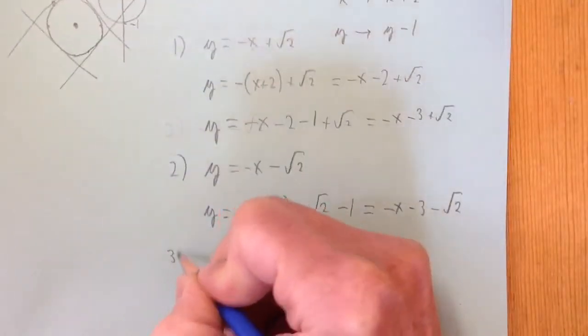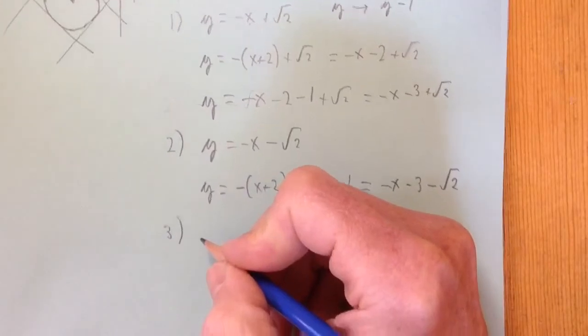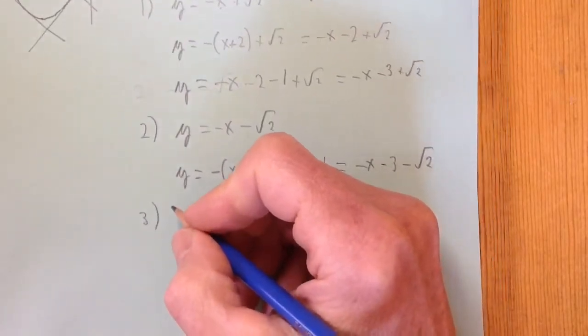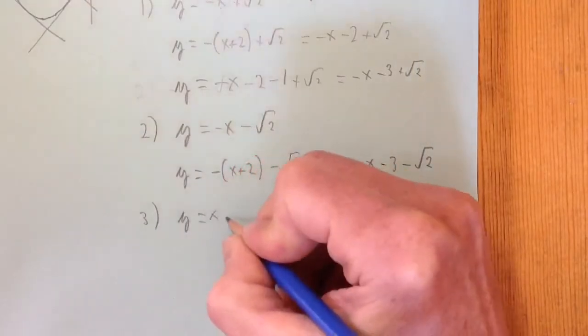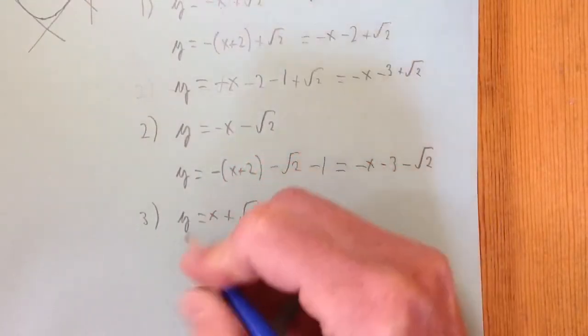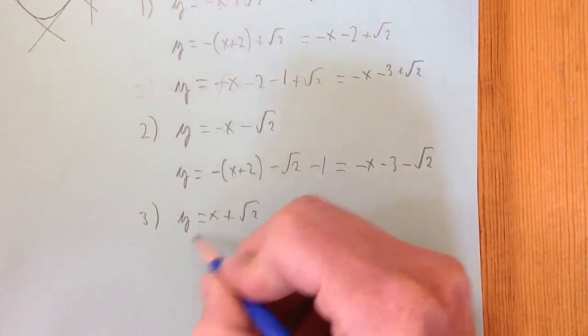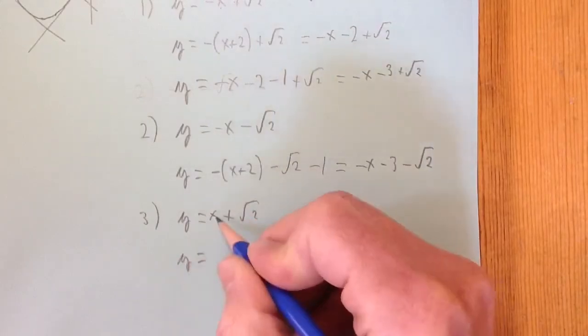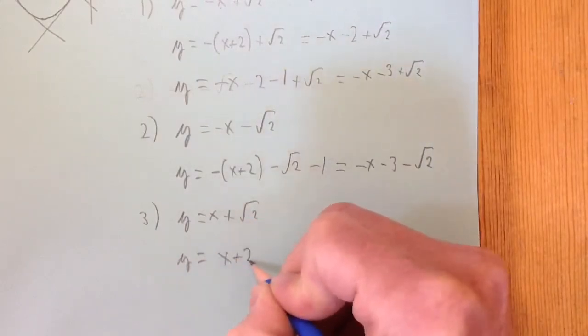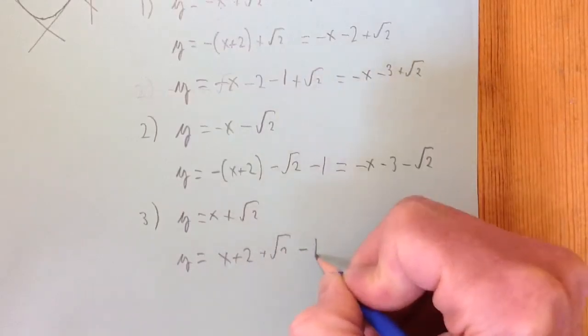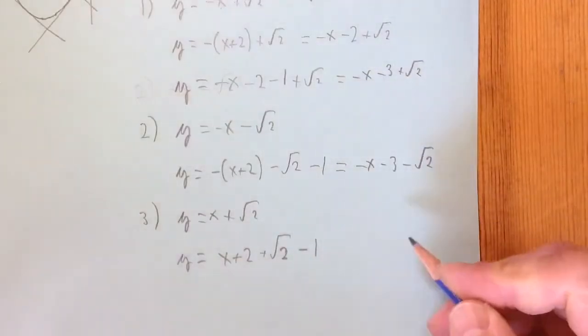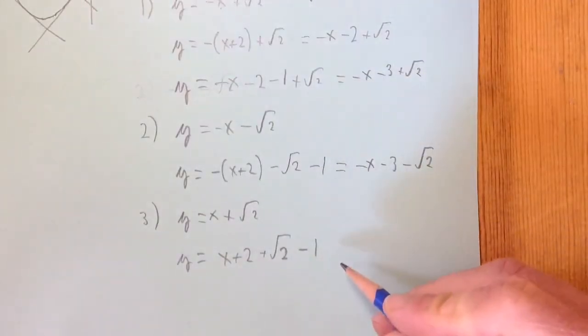The same thing, the next one here. The third is y equals x plus root 2. We replace the x with x plus 2, so it's x plus 2 plus root 2, and then take away 1, and you can put that together and make that work.